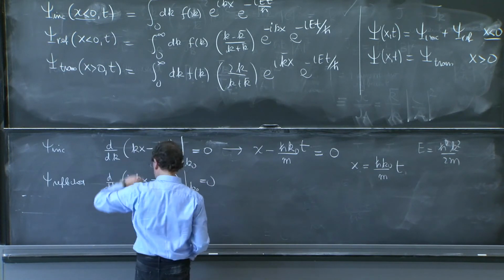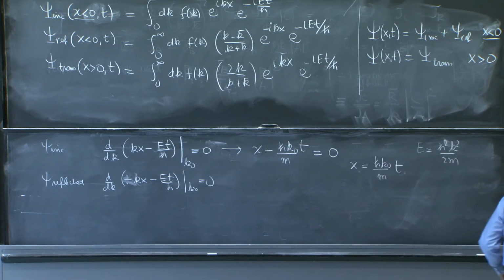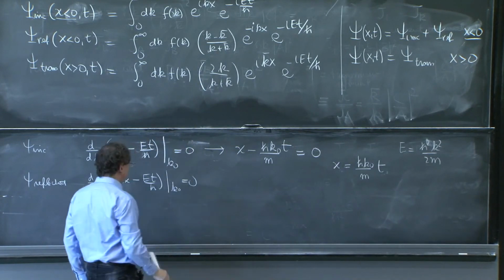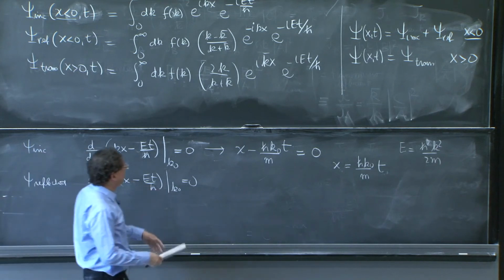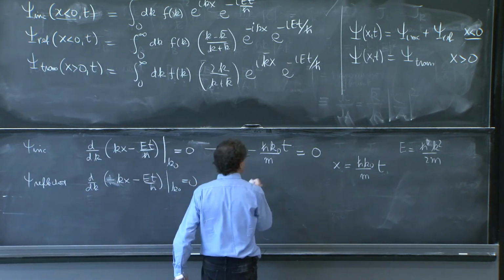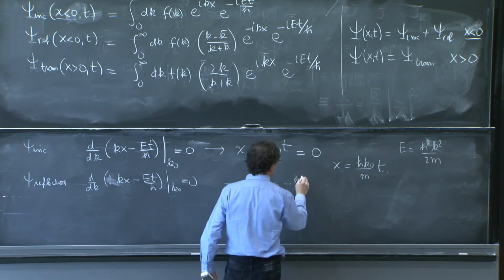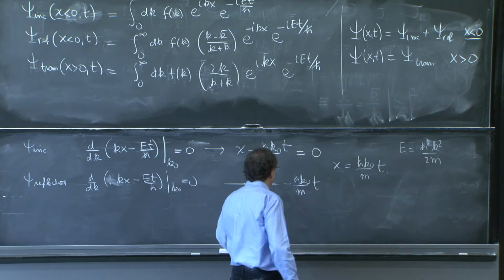For the reflected wave, the phase is really the same. Yeah, this factor is a little more complicated, but it doesn't have any phase in it. It's real, so ignore it. So I just change a sign. So this time, I'm going to get a change of sign. x is equal to minus ħk₀ over m times t.